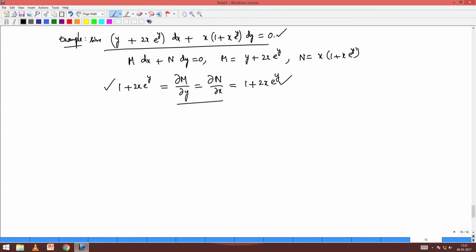That means the given differential equation is an exact equation. So, once we check this, the converse is true, and the given equation is an exact one.